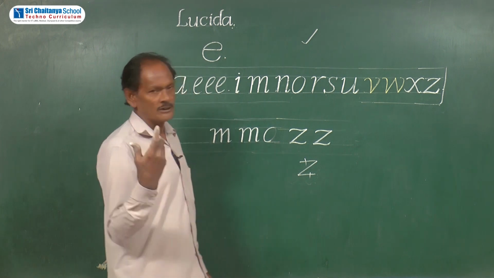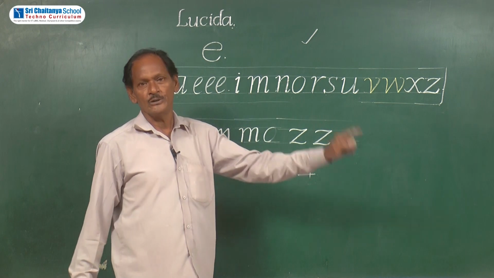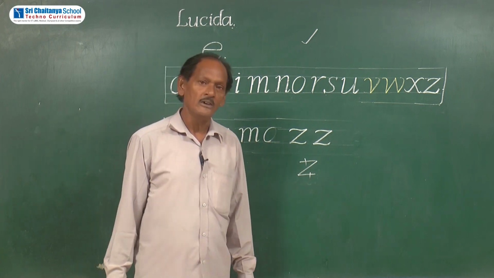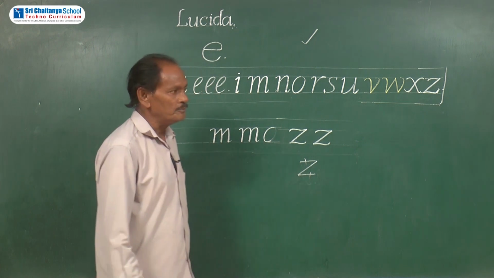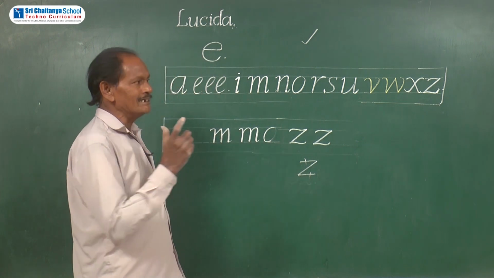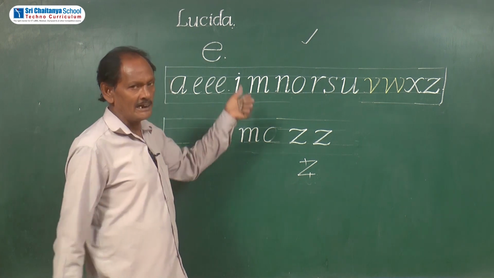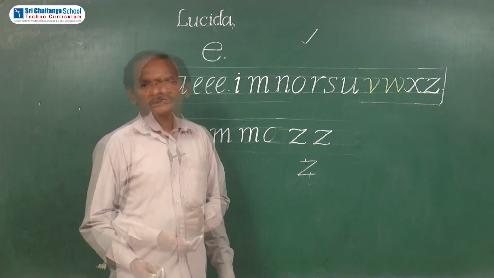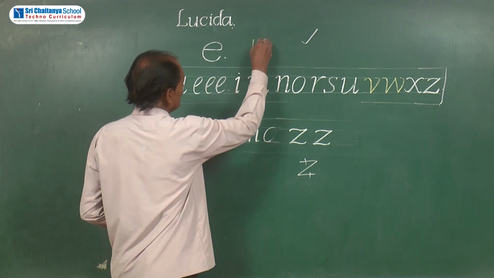In the human body, heart is very, very important. Like that, middle zone is also a heart of handwriting. So, concentrate on this middle zone mostly, because not 1, not 2, but 14 letters are laid in this middle zone.